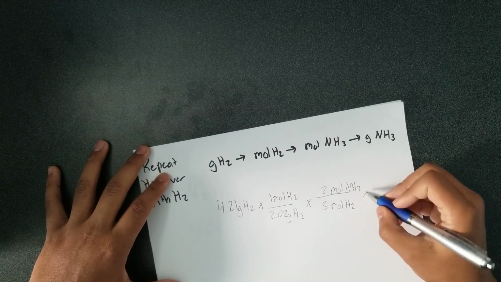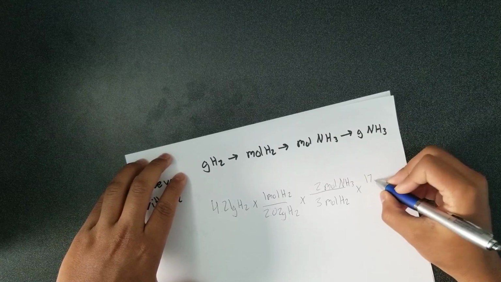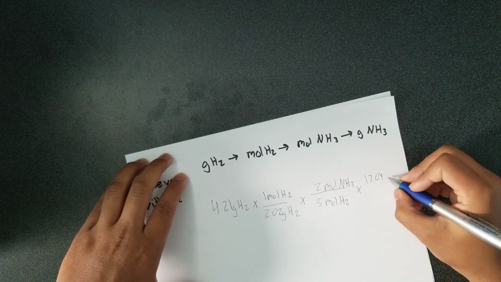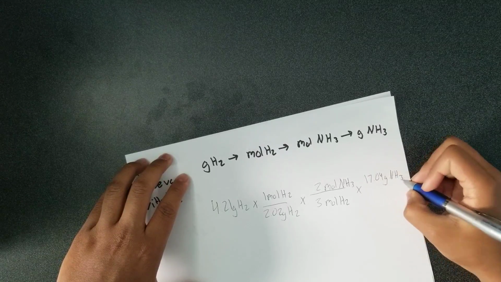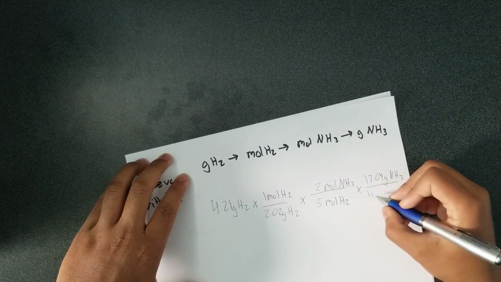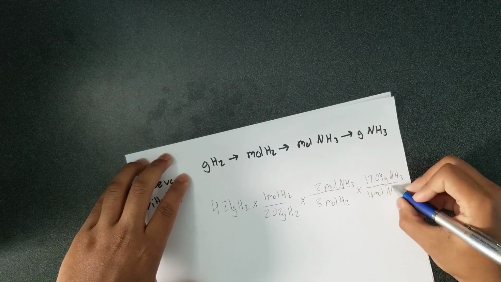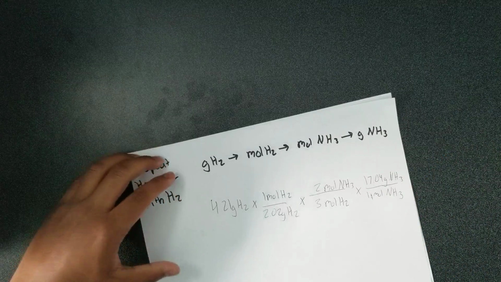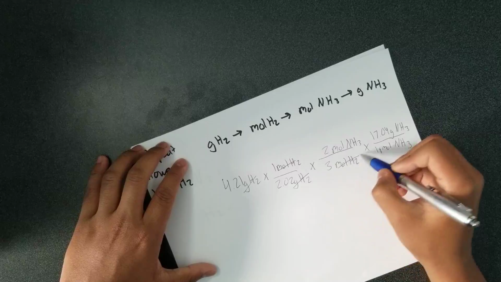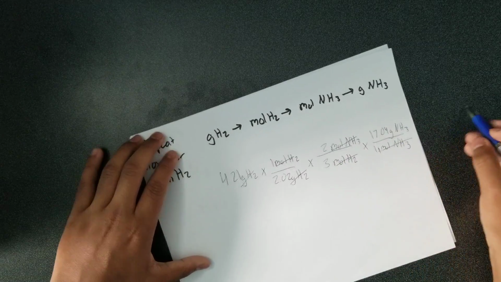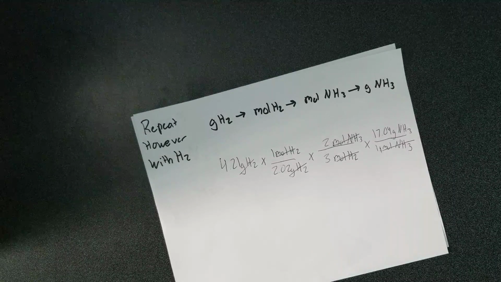Now we've got to multiply it by the molar mass of NH3. Now we do what we all like to do, cross things out. And now we put this in our calculator and get the answer.